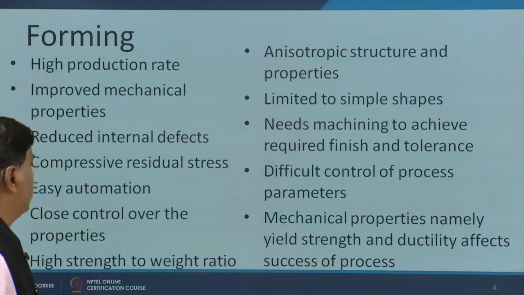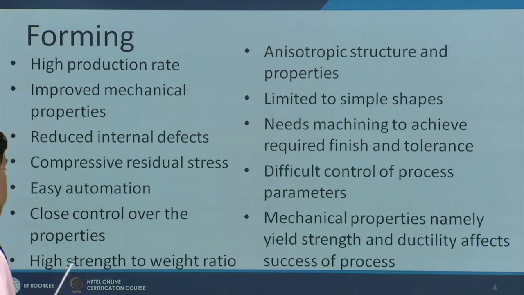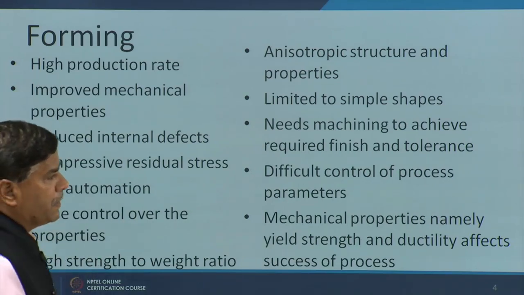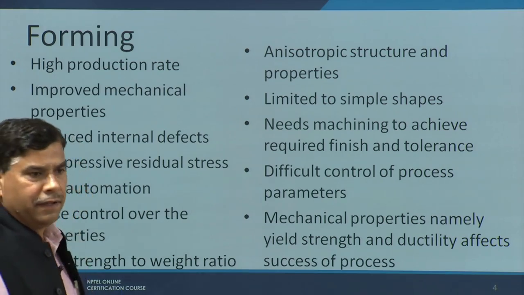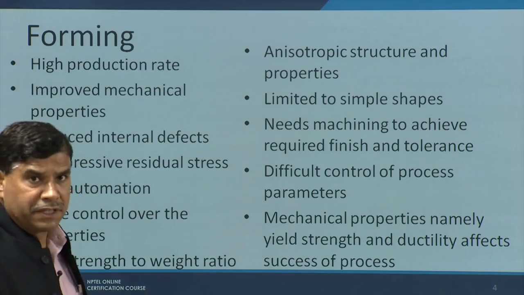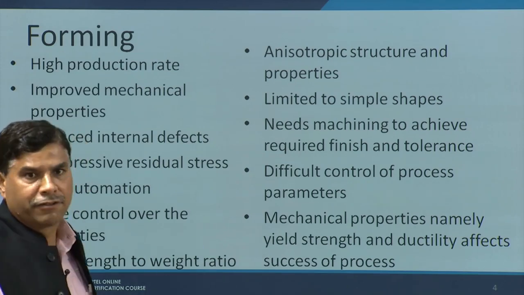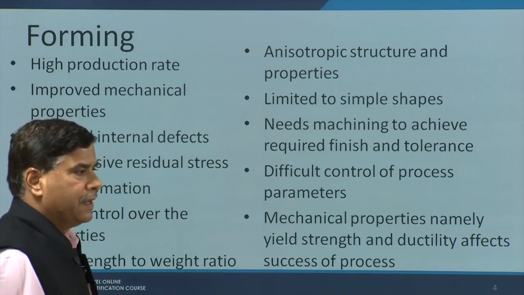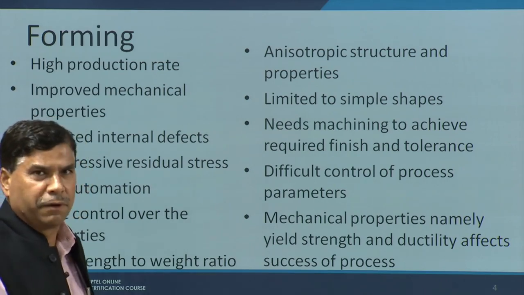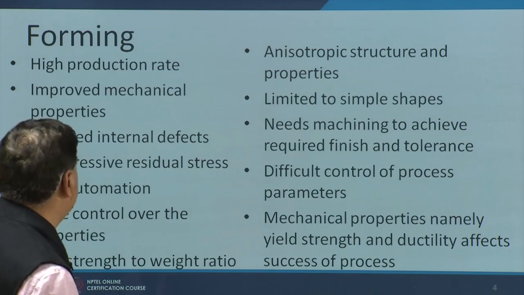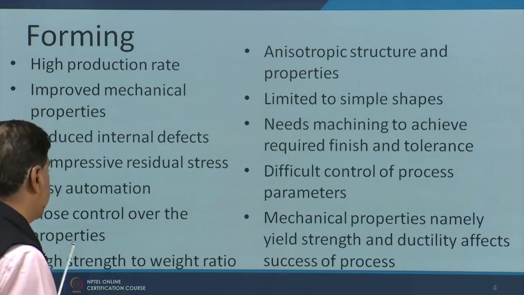Easy automation in these processes and close control over the properties is achieved because we can regulate the extent of the deformation, and we can adjust the extent of deformation that we want in each step. Thereafter, we can use the post forming heat treatment process to adjust the structure and properties as per requirement. So, the control over the properties is very good.